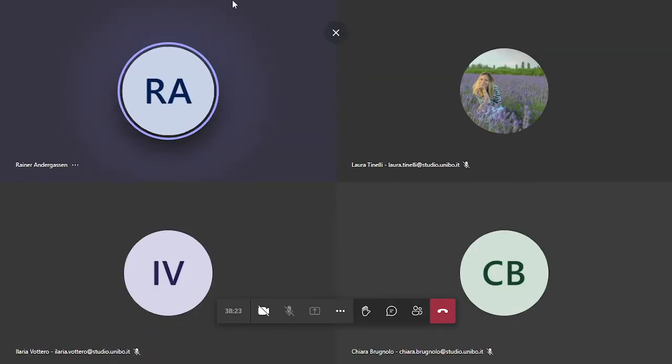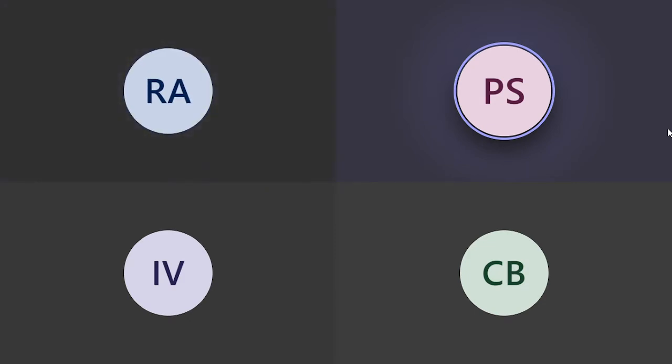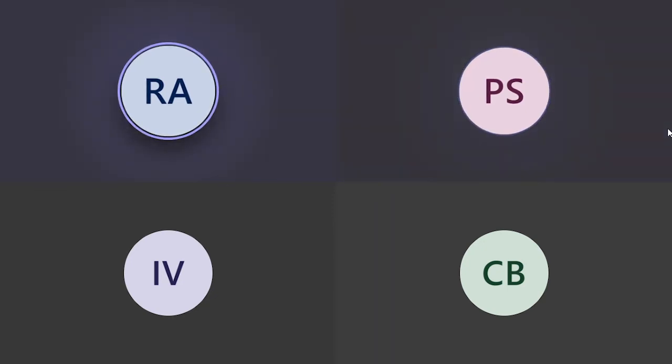Professor, I have a question. Yes, sure. Could you repeat, please, what we can estimate using the Euler equation? Yes, the Euler equation can be used to estimate the elasticity of my utility function.